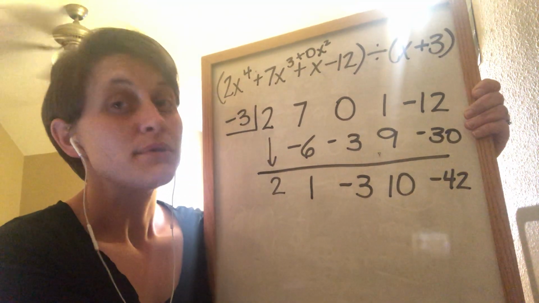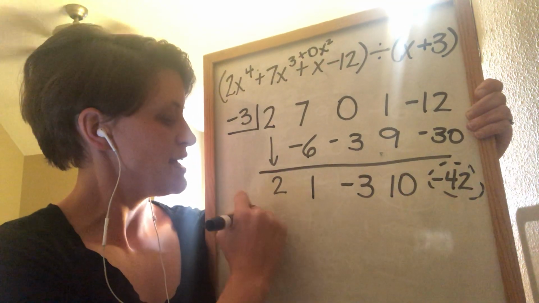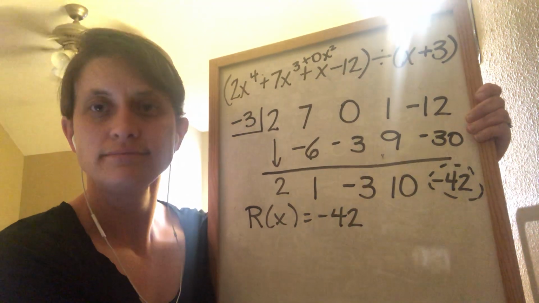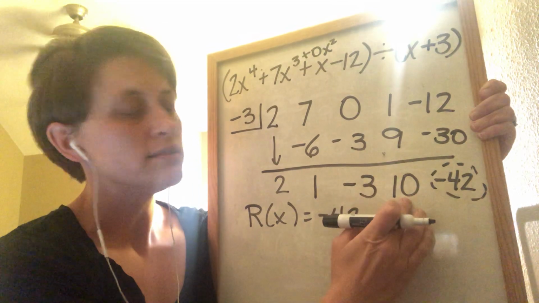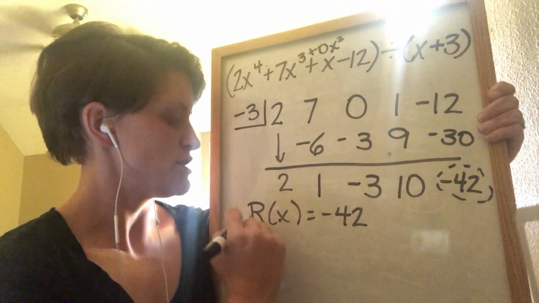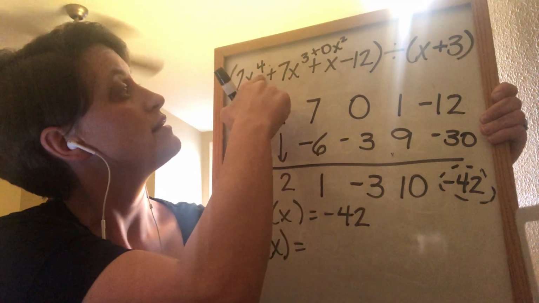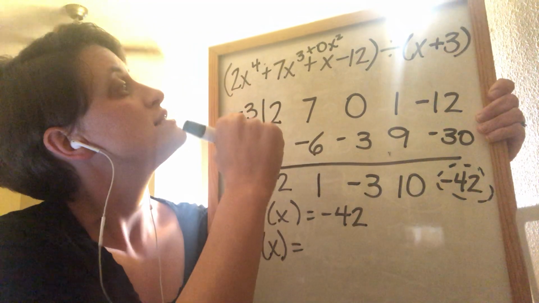Now we have to use these numbers to come up with our answer. The easy part is the remainder. It's always the last number in line. The quotient is going to be made up of a polynomial with these coefficients on them. So the way we find the quotient is we look at our dividend and we want to knock 1 power off of that. So this has degree 4.